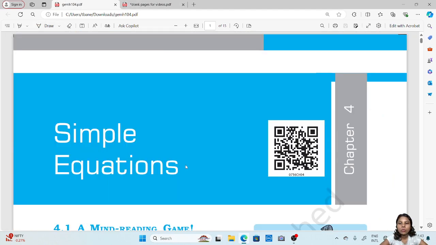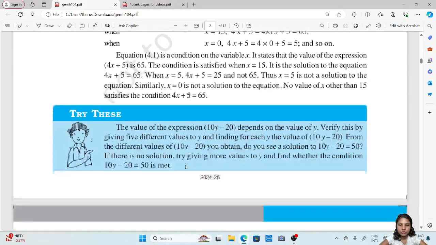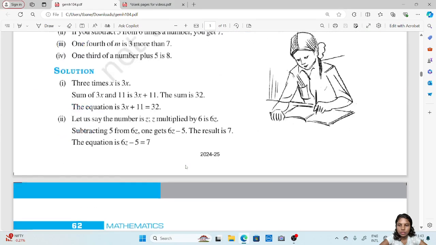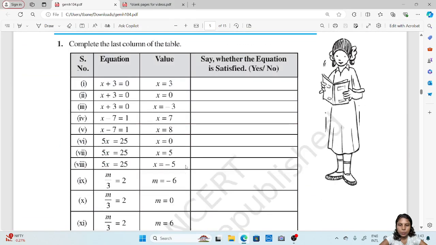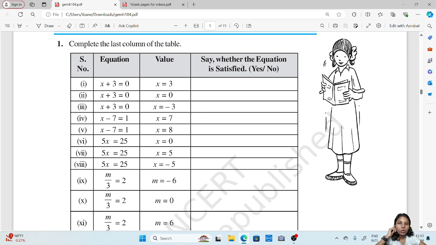Okay. So now let's look over here. What they have done here is that an equation is given to us and the value of x is given. Now we have to tell whether the equation is satisfied or not. So we have to just write yes or no. Now when I say satisfied, what does it mean?